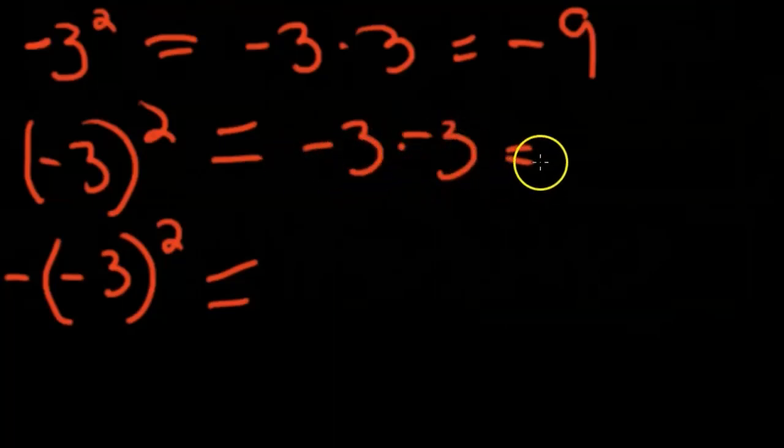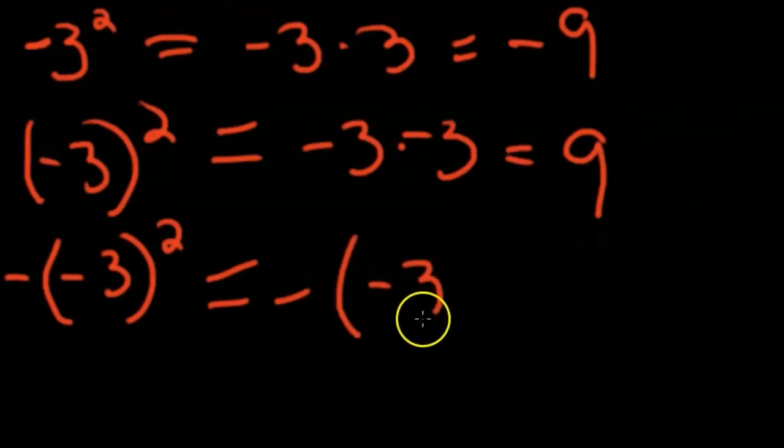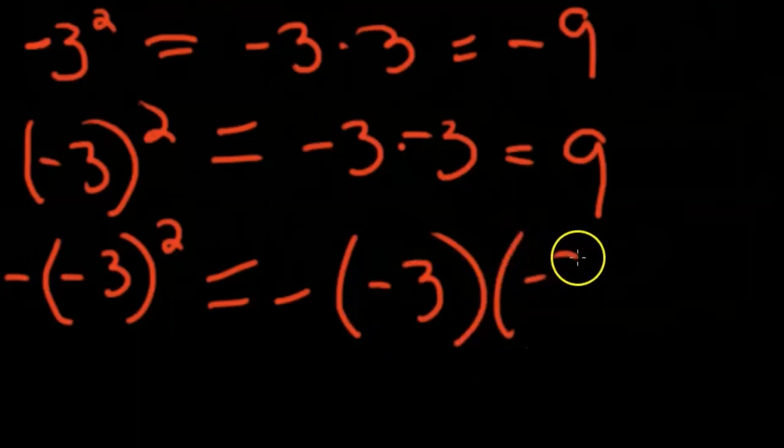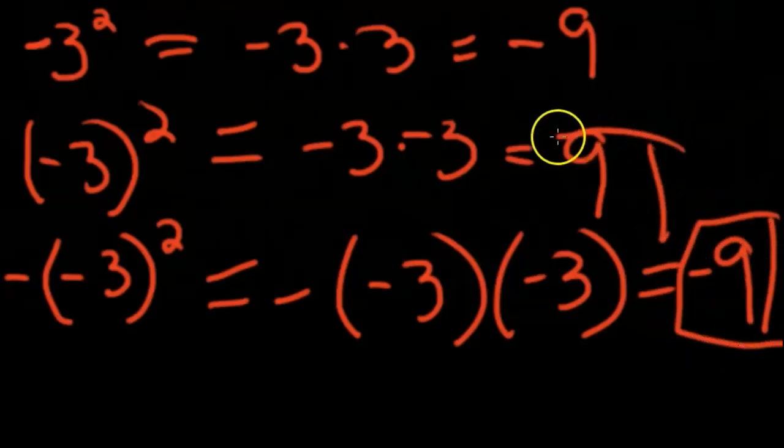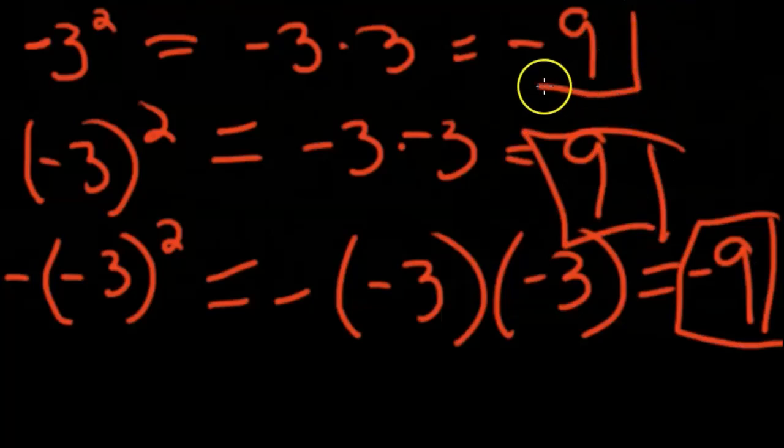Well, negative times a negative is a positive. So we have positive 9. We have a negative, and then we have negative 3 times negative 3. Well, negative times negative is positive. Positive times negative is negative. So we have negative 9. These will be your answers.